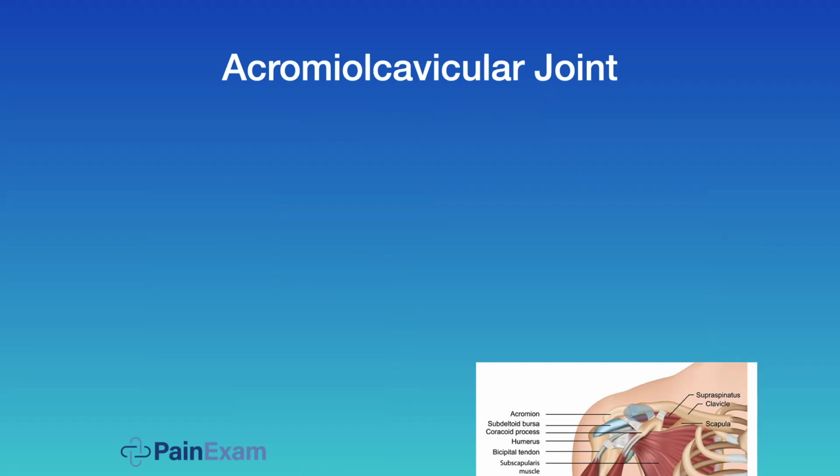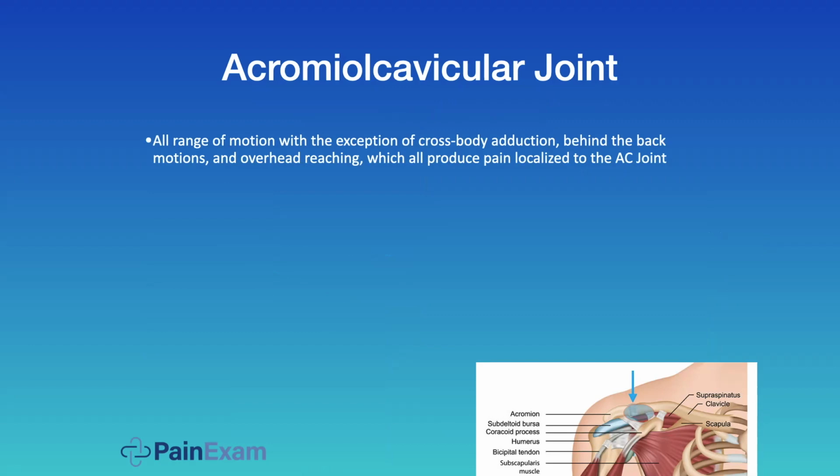The acromioclavicular joint, something we see in the pain office. Okay, so we have the acromioclavicular joint at the bottom of the screen here. Basically, it's involved with all ranges of motion except with cross-body adduction, and there can be pain when there's a problem with the AC joint, when you're reaching overhead especially.